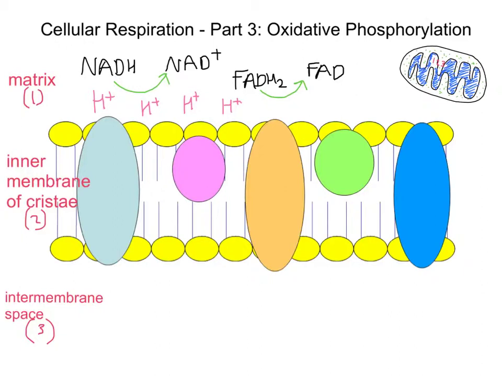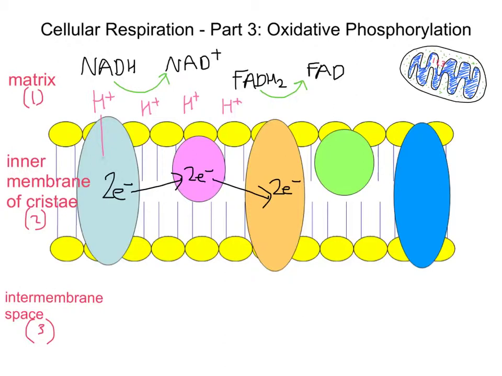So these electrons get picked up by this carrier and they move along this transport chain from carrier to carrier. And as those electrons move along the transport chain, they lose energy. And that energy is used to pump those H+ ions from the matrix through the inner membrane of the crista and into the intermembrane space.